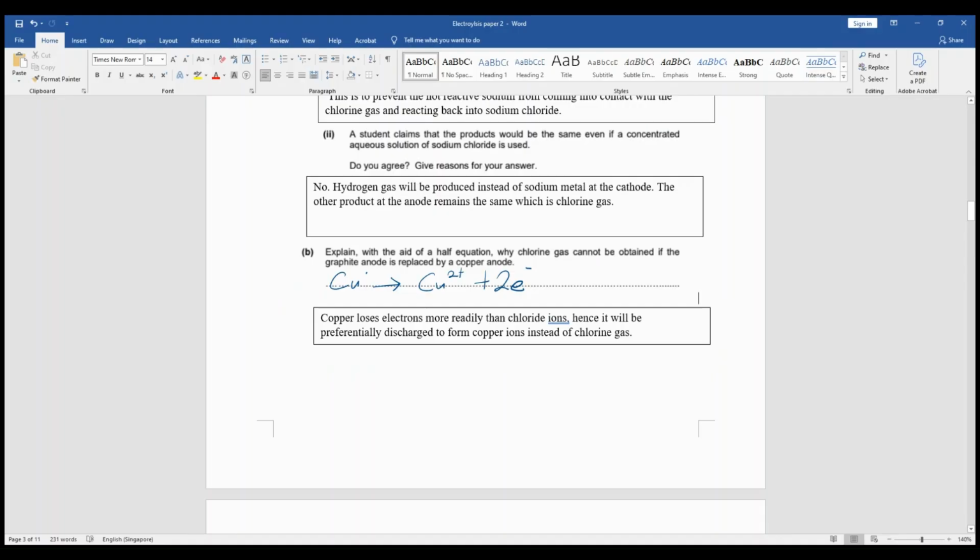It will always be more preferentially discharged.